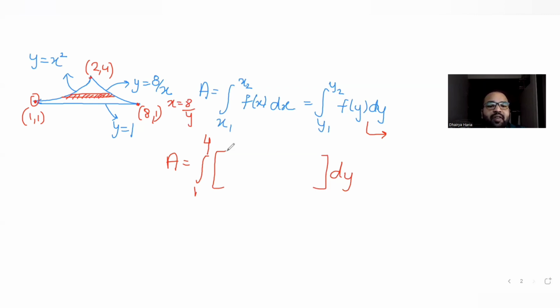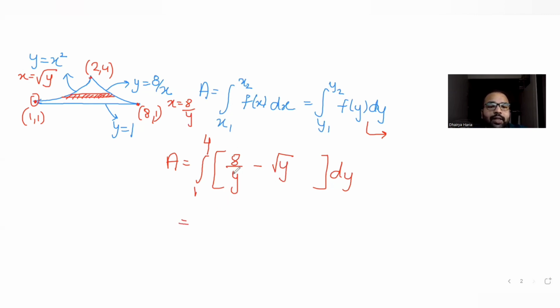So x becomes 8 by y minus. I am excluding the area of the part of the parabola that comes below this. So I don't need that area. I need only the area between them. So I will have to subtract this area, and if I write it again as a function of y, x becomes root y. So it becomes root y.